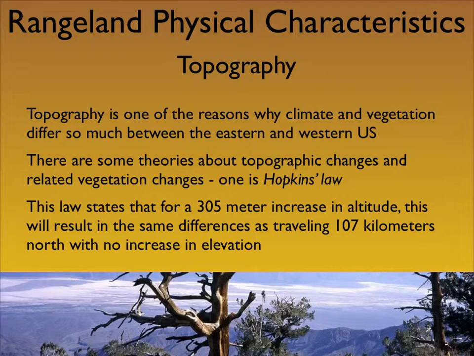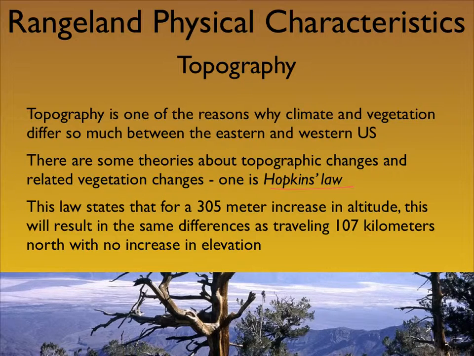especially those in the West. We have some rules for that, and one of those is what you see here, this thing called Hopkins' Law, and that says that when you go up in elevation, it's as if you've traveled north in latitude.